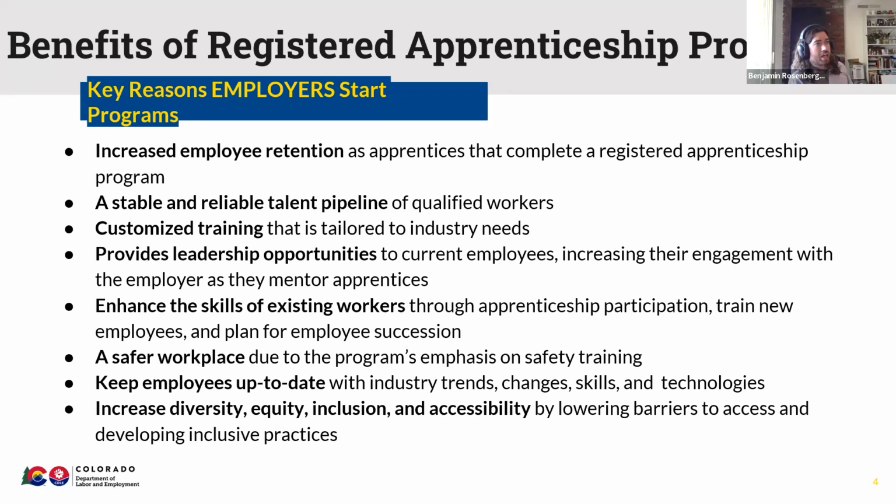It can be used to enhance the skills of existing workers as well. So we often think of apprenticeship programs as an entry-level way into a business, but it doesn't have to be that. We have a whole set of apprenticeships called incumbent worker apprenticeships, which is where instead of it being an entry-level position where you get trained to do an entry-level job, it's actually for current employees to upskill themselves. So again, you can have bottom level staff, but you want more of those bottom level staff to gain a higher skill level.